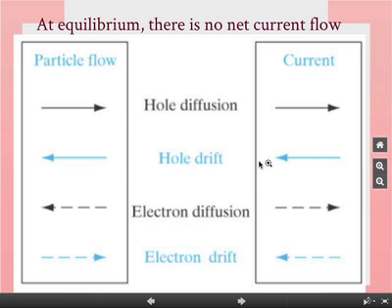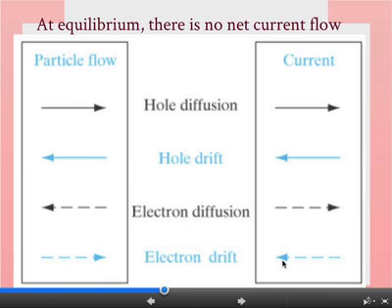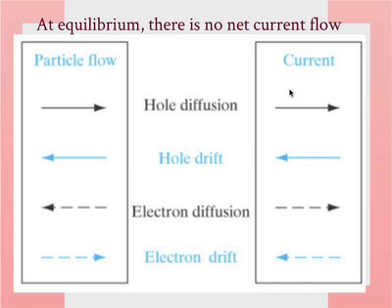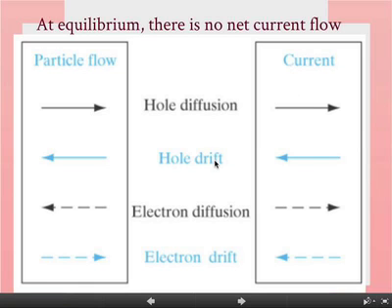Hole drift current is the opposite direction to the flow. The electron diffusion is the opposite current to the flow. Electron drift is in the same direction as the flow. These two should cancel, and these two should cancel at equilibrium. And in the next class, we will write down equations for these and cancel them out, and then we can derive the contact potential.